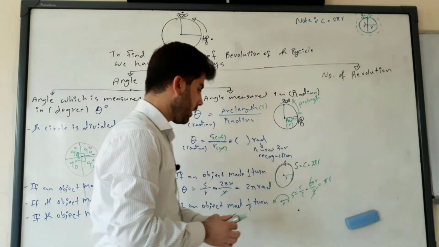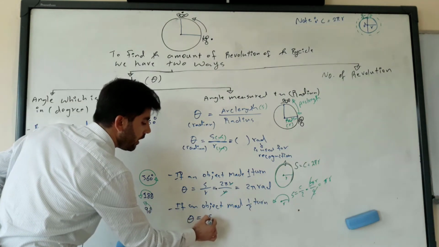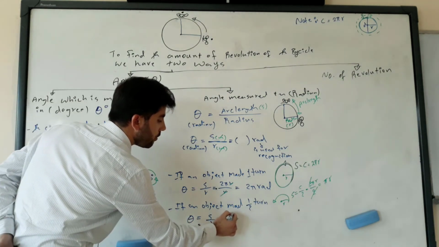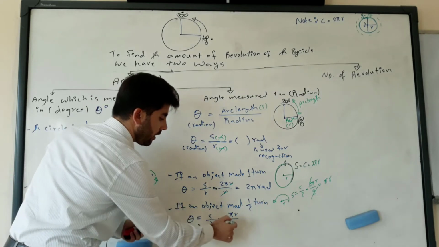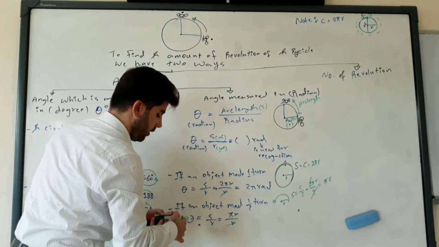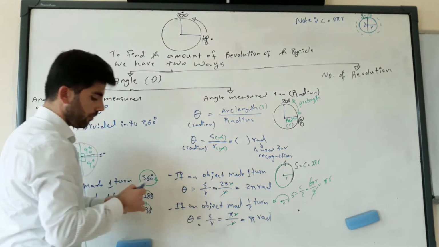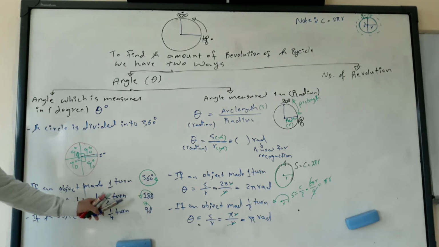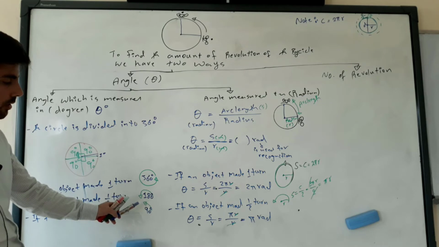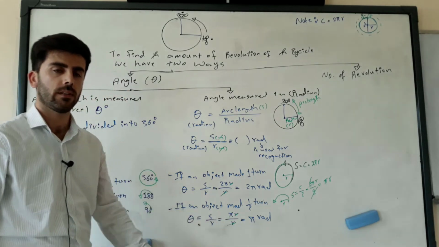So we can write that theta is equal to s over r, and it is equal to pi r divided by r. R and r get cancelled, so the result is pi rad. So if an object made 180 degrees, half a circle, this is equal to pi rad.